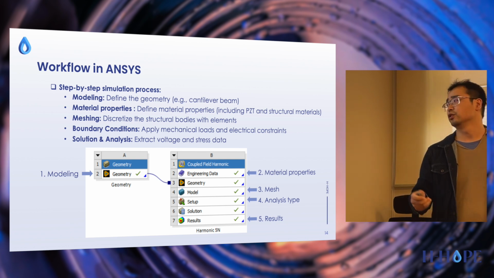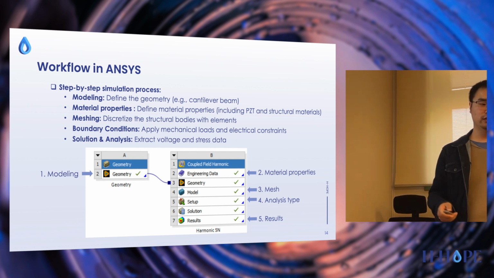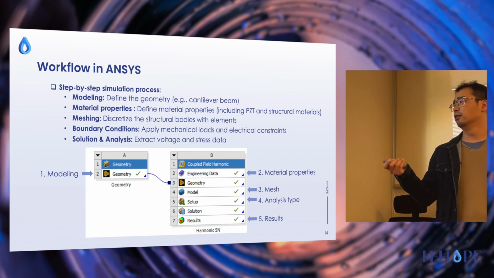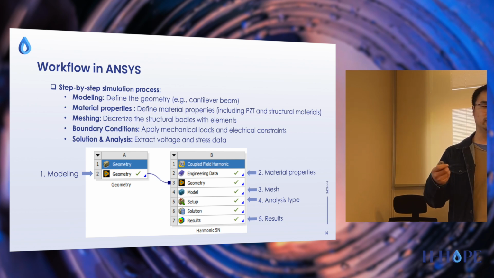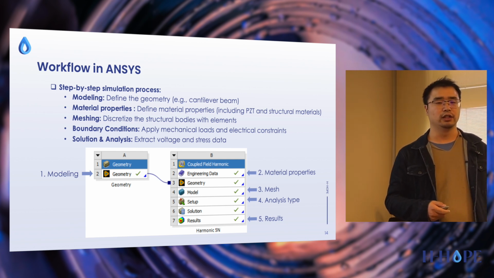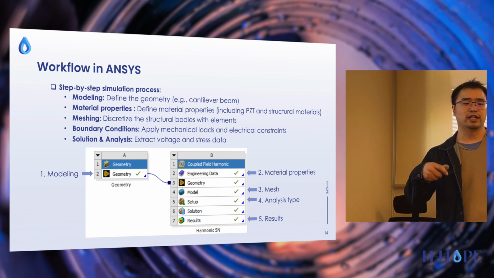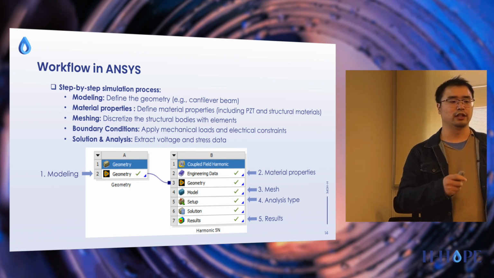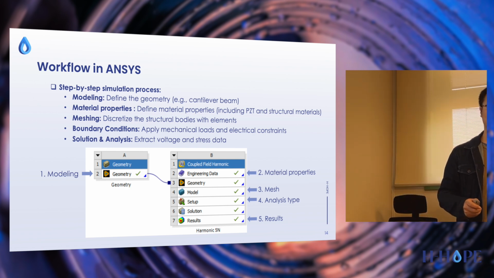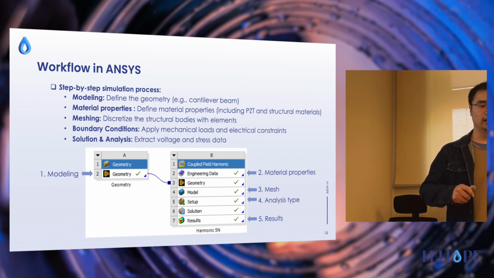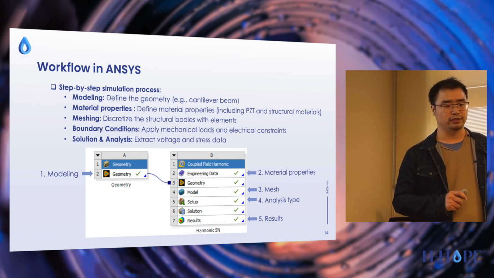After that, you have to mesh the geometry. And after you set up everything for the numerical simulation, you start the calculation using the solver inside ANSYS, and at last, you can obtain the results.